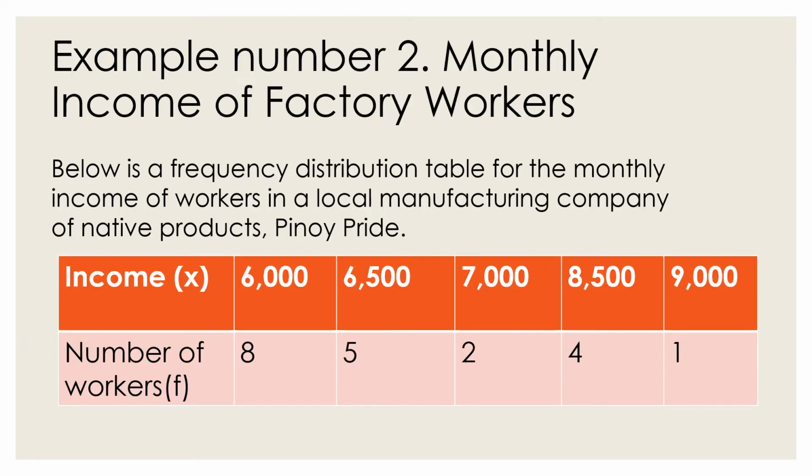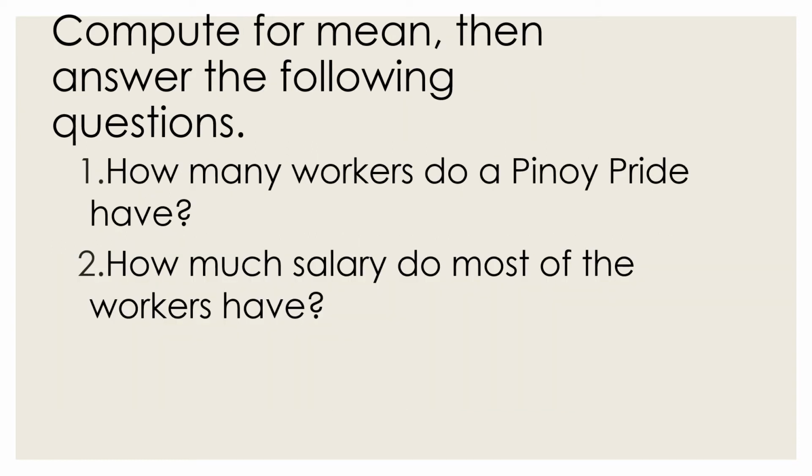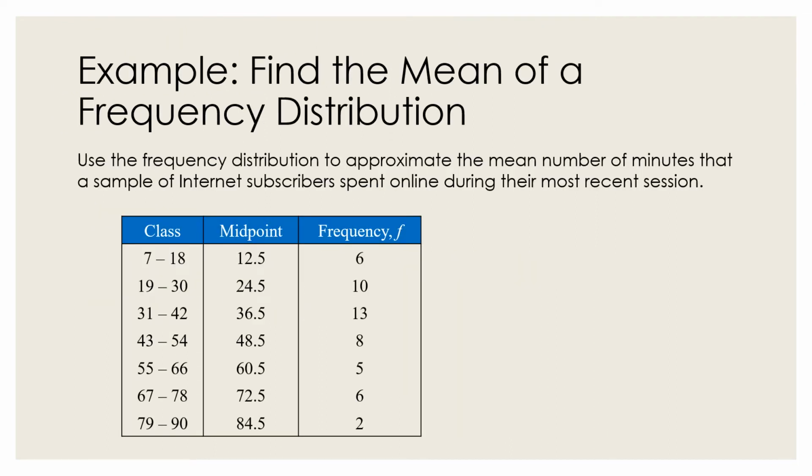Now for example number 2, you may follow what we did in the previous slides on how to get the mean. Then compute and answer the following questions. Here, find the mean of the frequency distribution. This is now a grouped frequency distribution. We have here the class interval, and the midpoint is already computed. How do we get the midpoint?